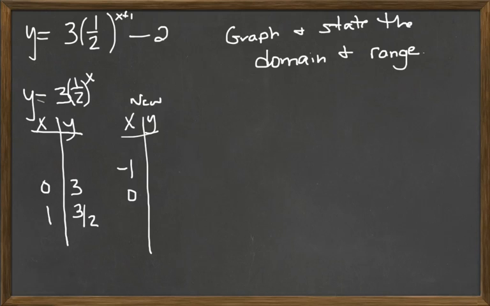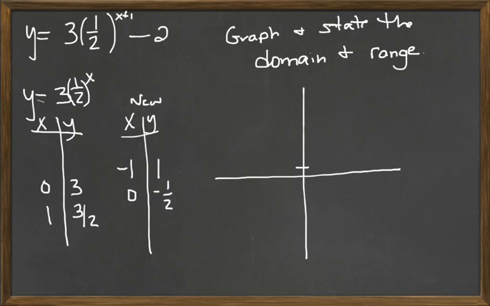I'm going to take the y coordinates and subtract 2 from them. So 3 minus 2 would be 1, and 3/2 minus 2, that's 1.5 minus 2, so that would give me negative 1/2.